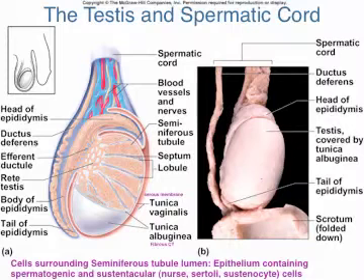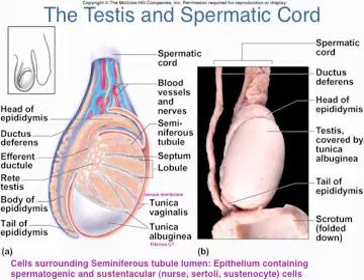If you look inside the testes, it's separated into lobules. You've seen this before, a lobule system with the septum. A septum is just a wall of connective tissue. That's basically where the tunica albuginea dives into the testes and separates these lobules.